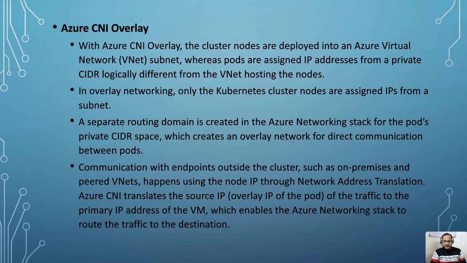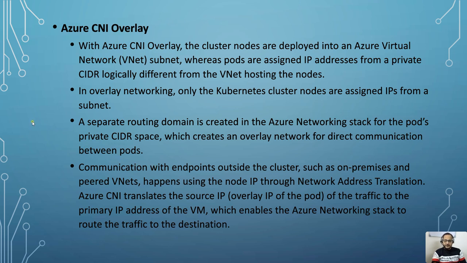In overlay networking, only the Kubernetes cluster nodes are assigned IPs from the subnet. As we discussed, the cluster node will get the IP address only from the subnet. A separate routing domain is created in the Azure networking stack for the pod's private CIDR space, which creates an overlay network for direct communication between pods.